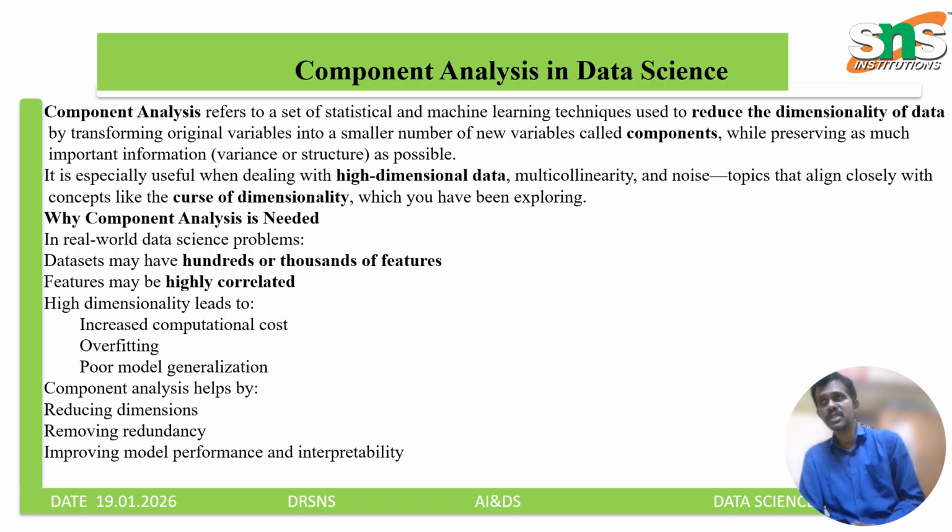We cannot use this for all data; component analysis will be used only for high dimensional data, dealing with multicollinearity and noise, a topic that aligns closely with concepts like the curse of dimensionality, which we can explore.